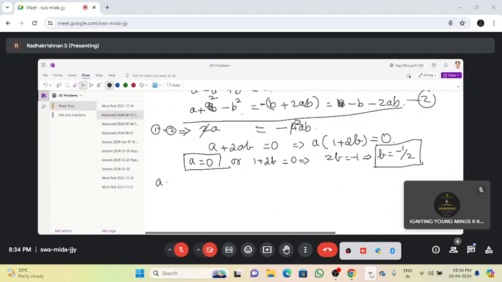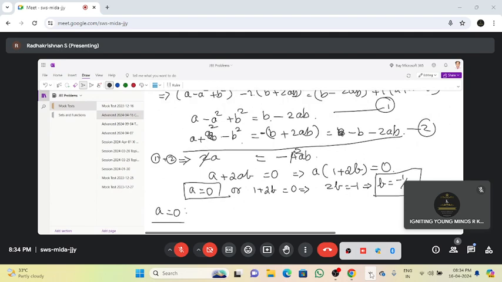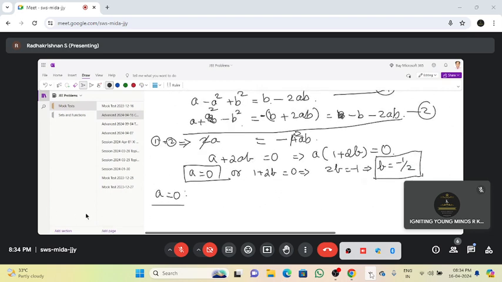So a equal to 0. Then a equal to 0, substitute a equal to 0 in the first equation. b square equal to b, with minus 2ab being again 0, right?